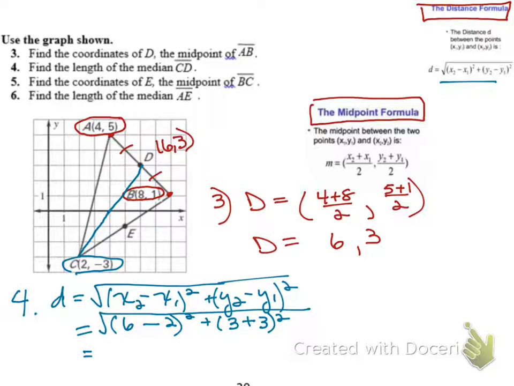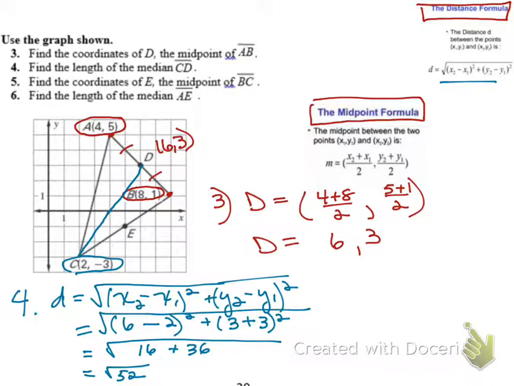So what am I going to get? Let's see. 6 minus 2 is 4, and 4 squared is 16, plus 3 plus 3 is 6, and 6 squared is 36, so I'm going to get radical 52. Now at this point, that's all I want you to do. I want you to give me the exact answer, and that is the exact answer.